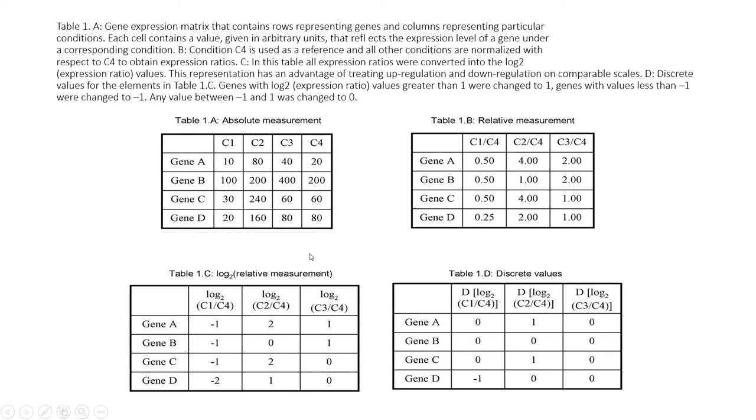So in the 1C table you can see the transformed data. Means after the logarithmic transformation this data is obtained, and table 1D shows the logarithmic transformation. This is obtained in the discrete values like 0, 1 and -1 forms.